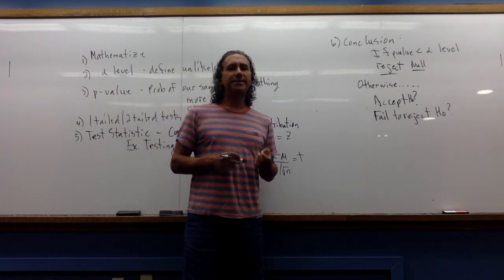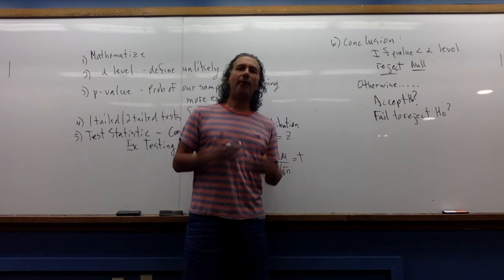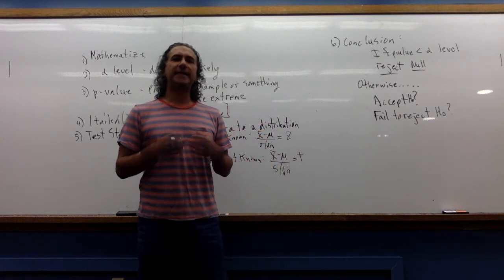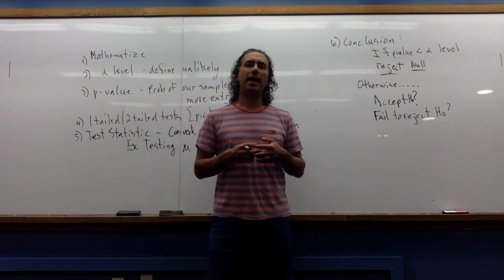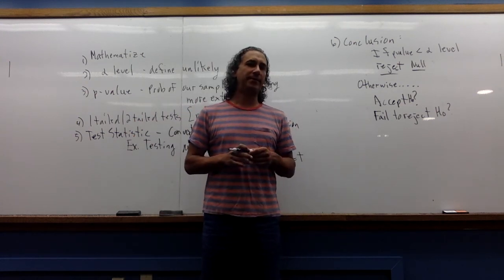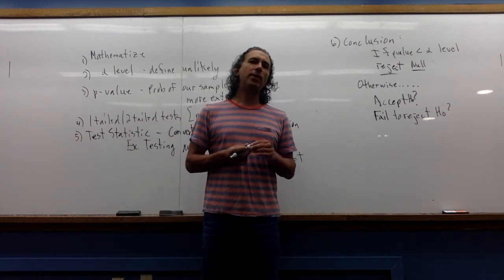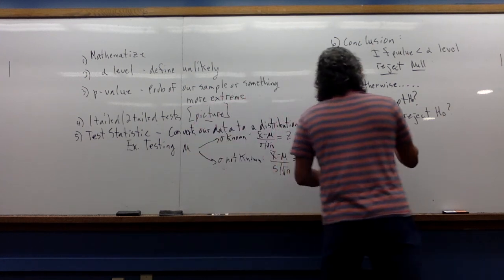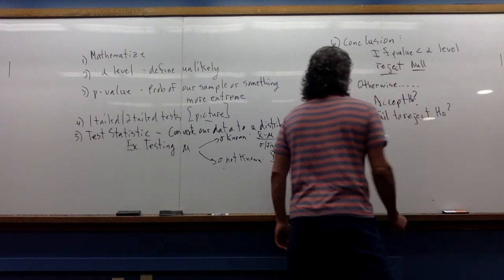And hypothesis tests, again, are not 100% foolproof. You are only collecting a subset of your data from the population. So there's no way you can be 100% certain with the hypothesis test. That's why I think this is better language.